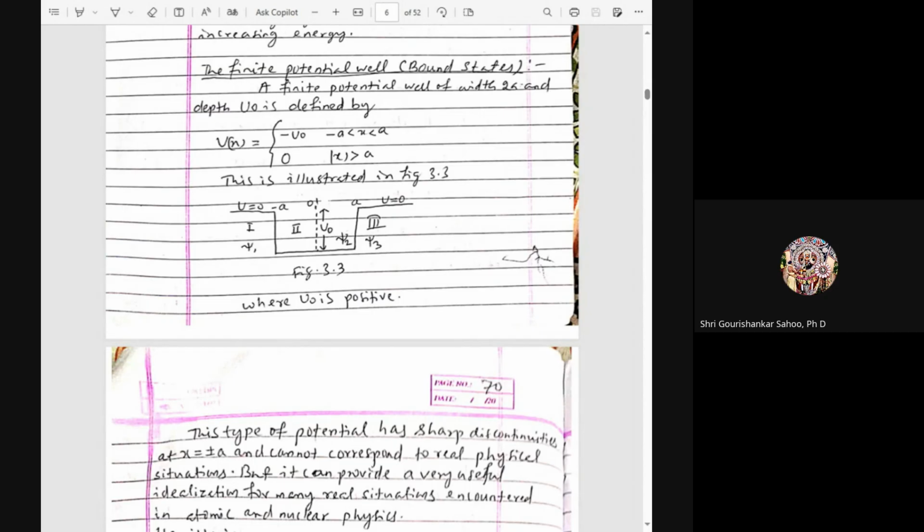And if modulus of x is greater than a, that is, in the region to the left of minus a and to the right of a, then u is equal to 0. And minus u0 means u0 is positive, so minus u0 is negative.